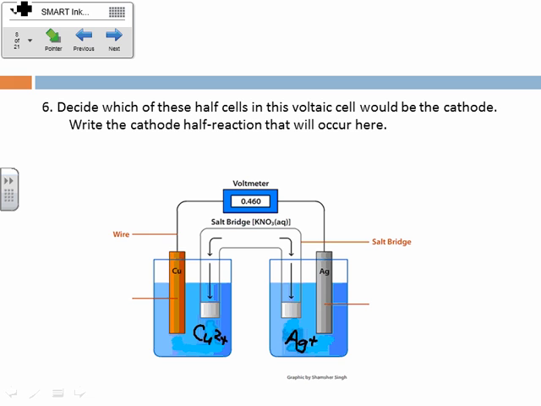So this is our cathode, right? And the reduction half reaction would be Ag+ plus an electron yields Ag solid, okay? So what we're going to observe here is we're going to see this Ag+, as it gains electrons, the silver electrode should start to get bigger, okay?